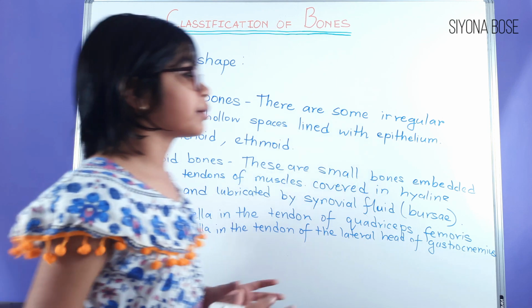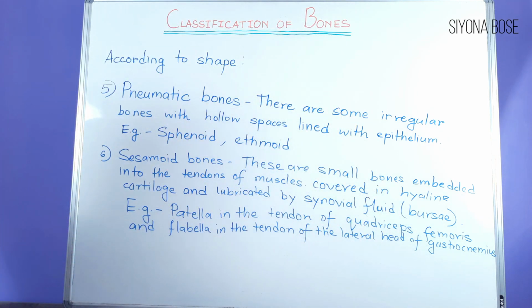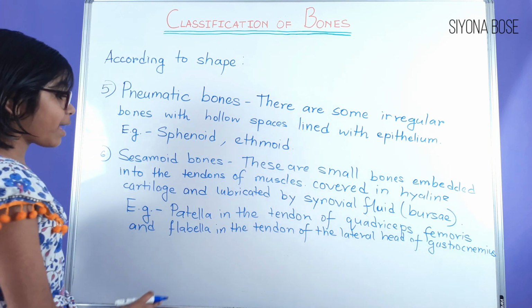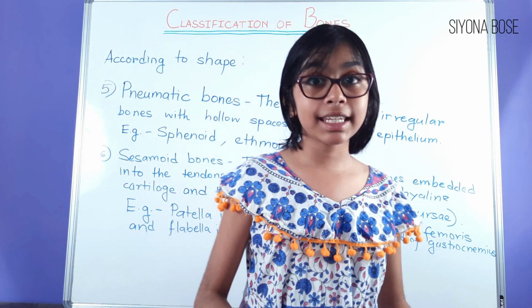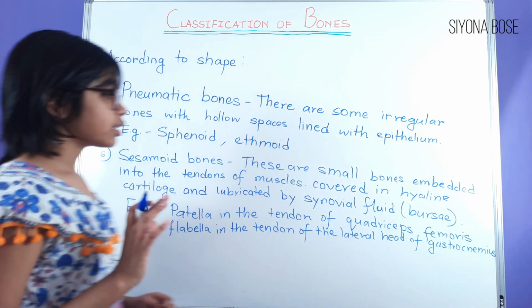Gastrocnemius is basically a muscle present in the lower leg, and it is divided into two sides, and the fabella is the bone in the tendon of the gastrocnemius's lateral head.